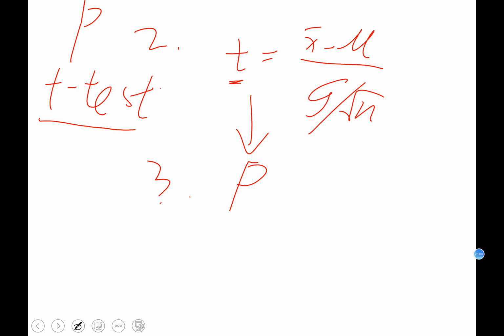which is calculated in step 2. Here we can use the t-table to get its corresponding probability for each number of t-value.